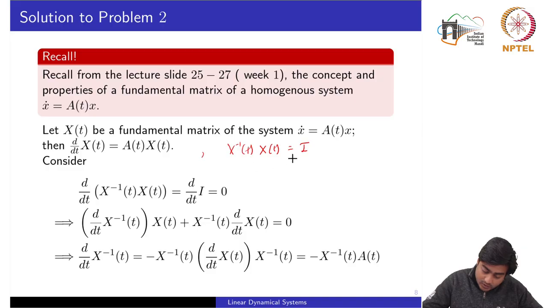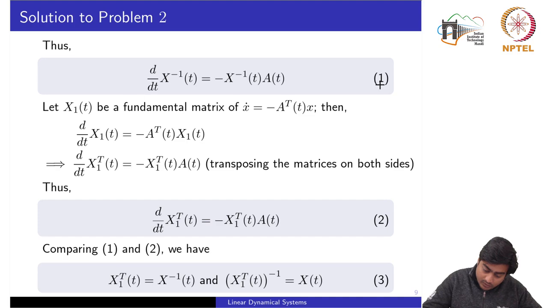So taking the derivative on both sides of this equation and further simplifying, you will end up with this relationship, where the derivative of the inverse of the fundamental matrix is equal to minus inverse of X times A, right? So this is a key equation and we will put it as equation 1.